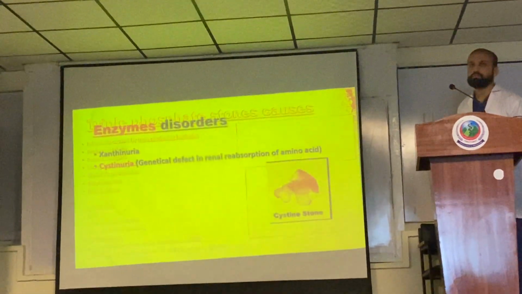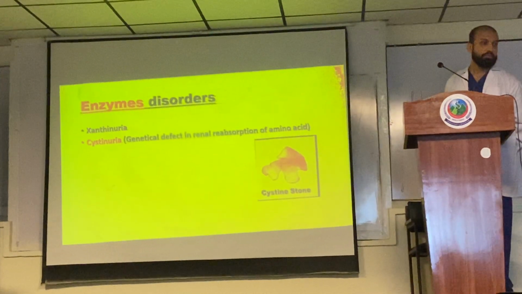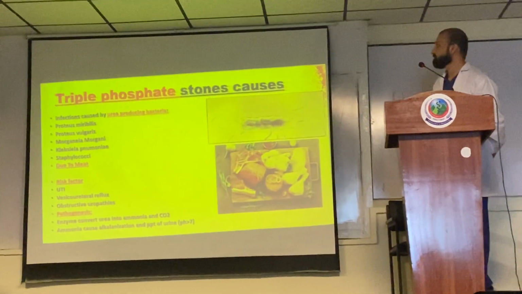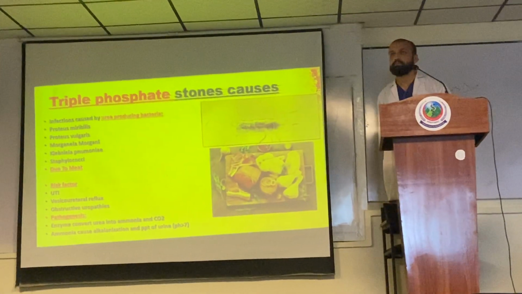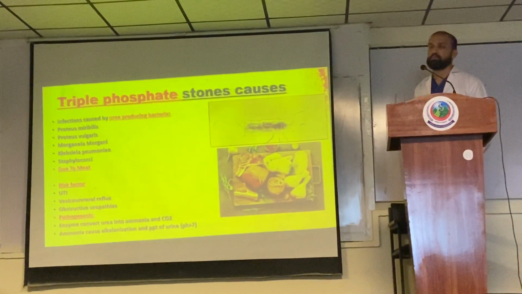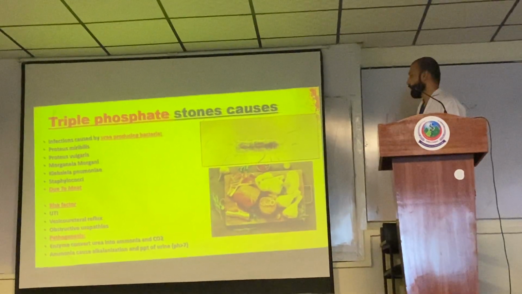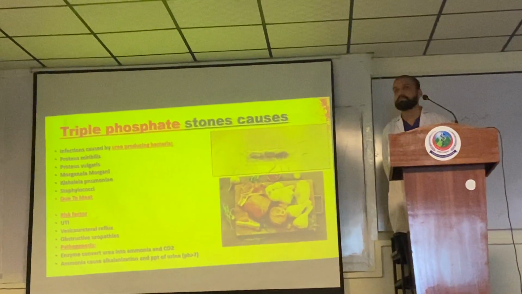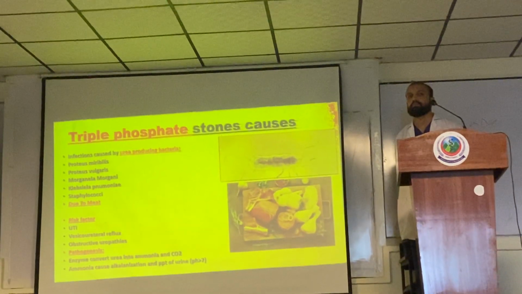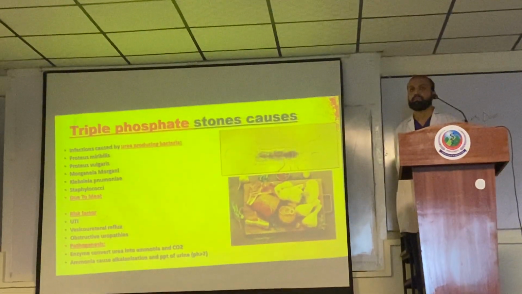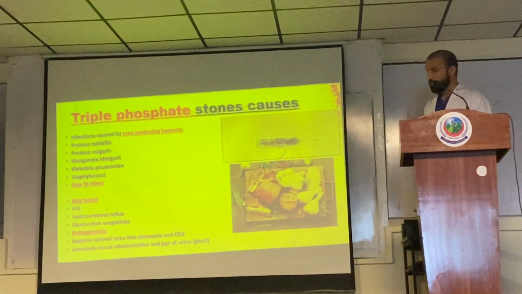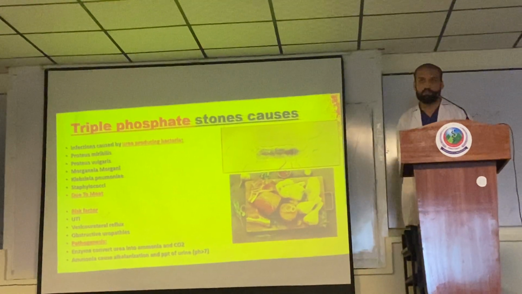Staphylococci are only possible when you catheterize patients; otherwise Staphylococcus aureus is not a uropathogen. It is a normal inhabitant of your epidermis in the skin. So if you find Staph aureus, either this patient is catheterized or instrumentation has been done, and this is the reason. So due to meat.